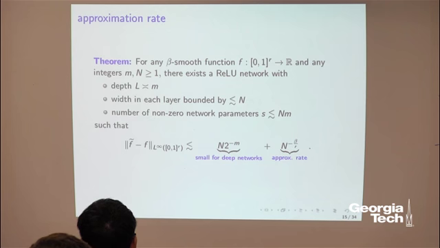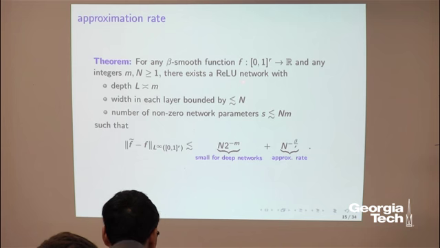The second thing you can wonder is why did I put this additional constraint in here, that the number of non-zero network parameters is bounded by n times m? Isn't it the case that a fully connected network has number of parameters bounded by n times m? No, right?